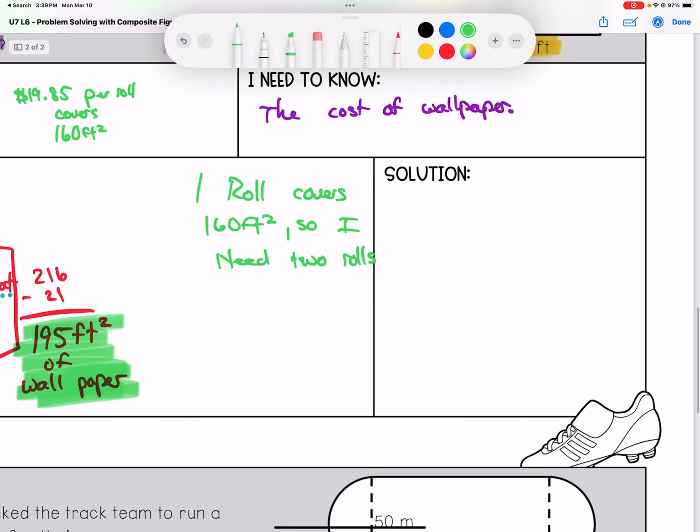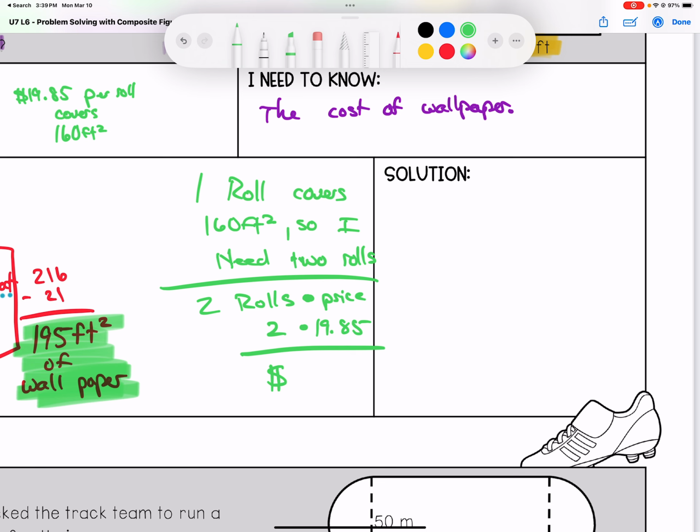So the answer, you need 2 rolls. So 2 rolls times the price, which is 19.85 times 2, is going to give you 39.70.